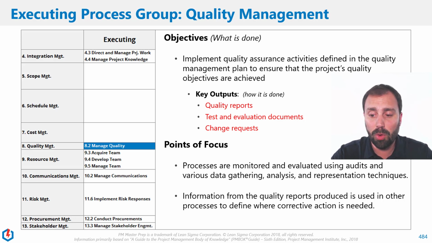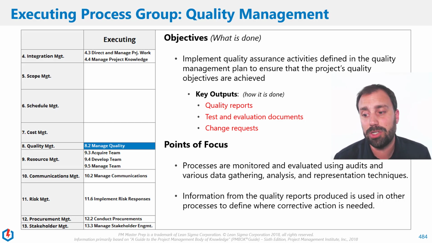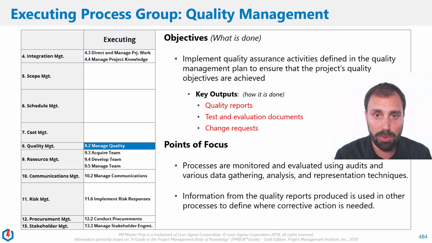And the quality report would have all that information blended into it, so that, remember, that quality report helps us organize all our information so it can be used by different processes in different groups inside of our project. And key to this is we're probably going to input different change requests that are going to come out of this manage quality process.